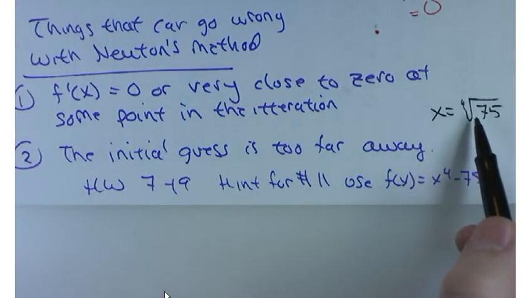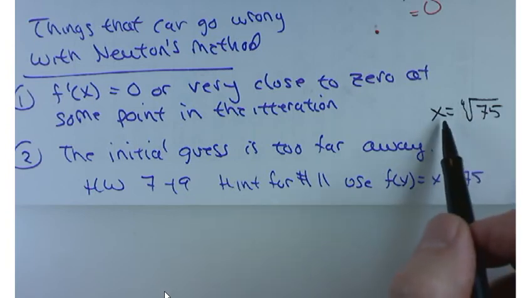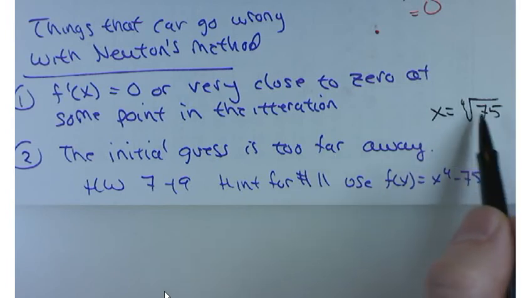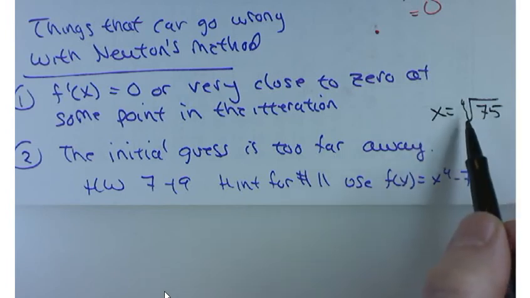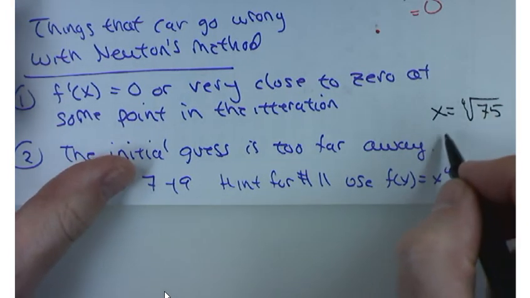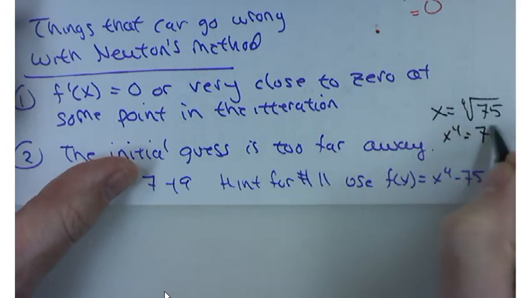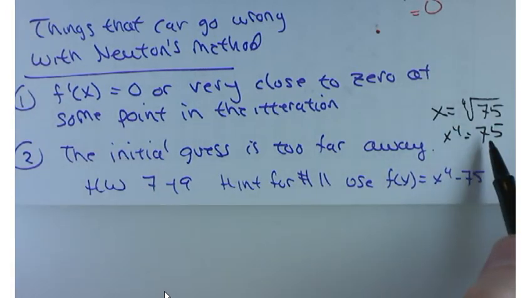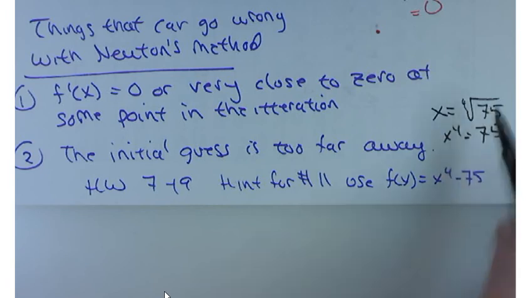Well, to create a function that says, okay, I'll do x minus 4th root of 75, almost seems circular. The point here is that you're trying to estimate this with Newton's method, not just calculate it directly off your calculator, which is what you do if you just move this to the other side. But if I raise both sides to the fourth power, then I get x to the fourth equals 75. And really, Newton's method gives you a way to calculate things like this.